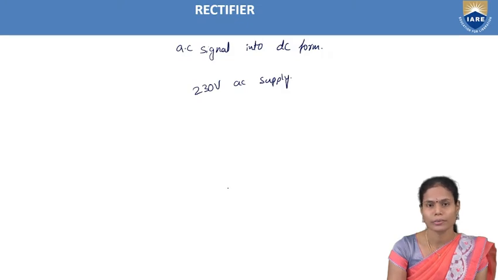So we first apply this 230 volts supply to a step down transformer. This step down transformer will convert the 230 volts to a 15 volts range. The function of the transformer is to change the ratio, from 230 volts to 15 volts here.